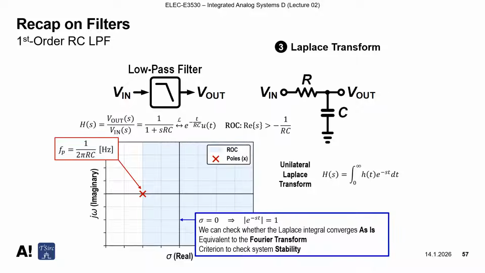So it is actually equivalent to the Fourier transform. When we take sigma equal to 0, our s, which equals sigma plus j omega, just becomes j omega.